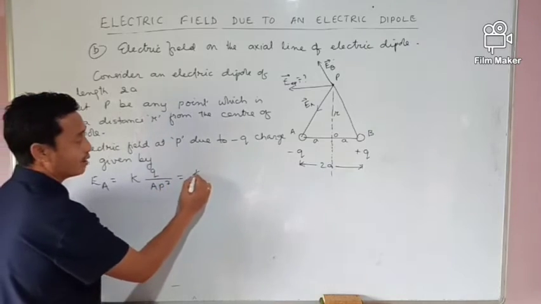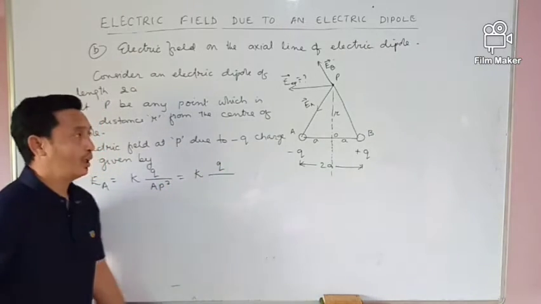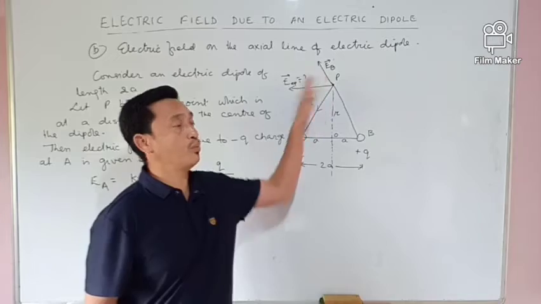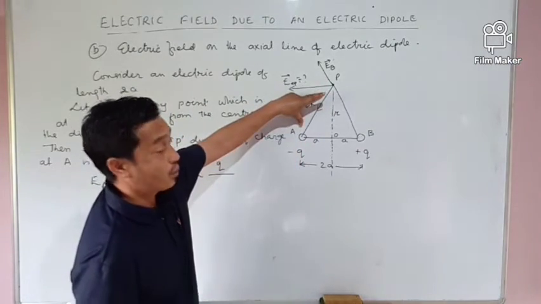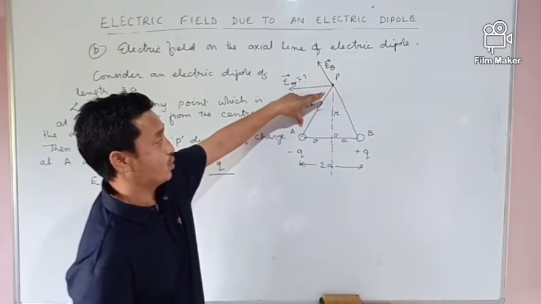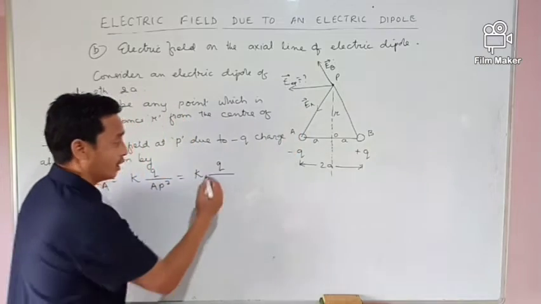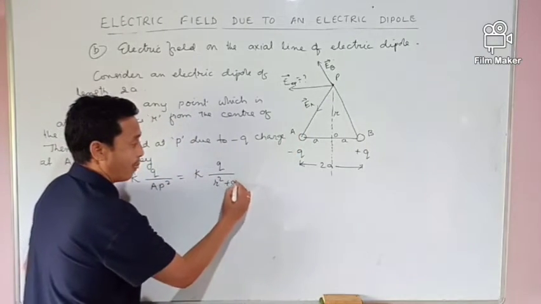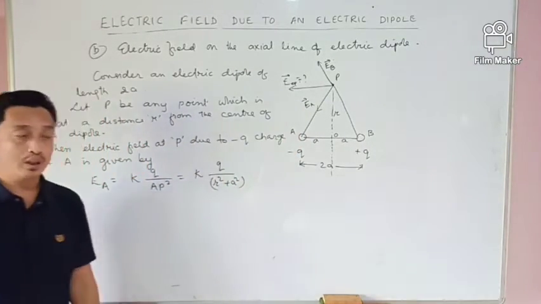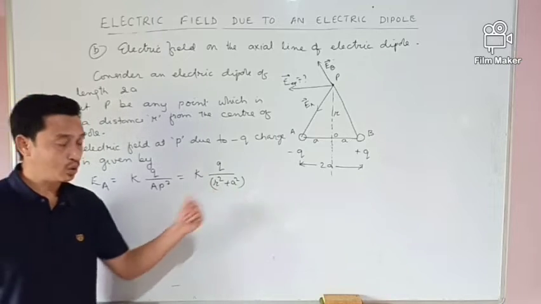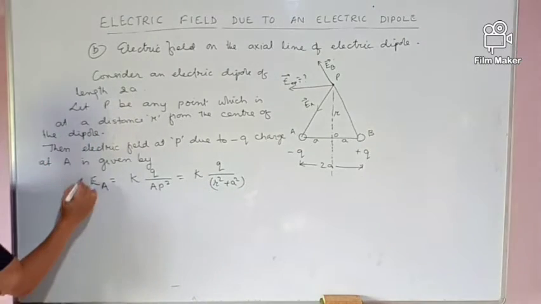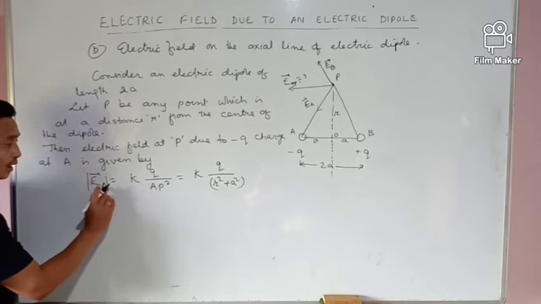So I will write KQ. Now comes the question of what is the distance AP squared. So AP is the hypotenuse. So I will write AP squared as r squared plus a squared according to Pythagoras theorem. So I will write this as r squared plus a squared. Now this is the magnitude of EA here.